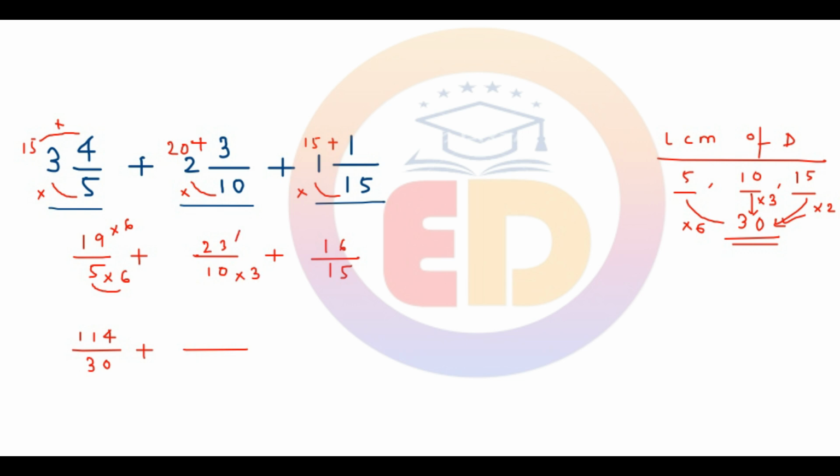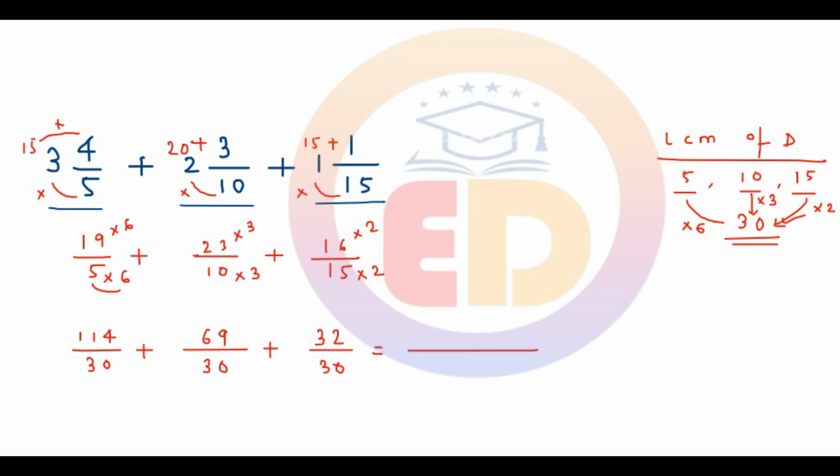And multiply the numerator also by 3. 23 multiplied by 3 is 69 upon 10 multiplied by 3 is 30. Plus, to convert denominator 15 to 30, multiply by 2. Similarly, multiply the numerator also by 2. 16 into 2 is 32 upon 30.